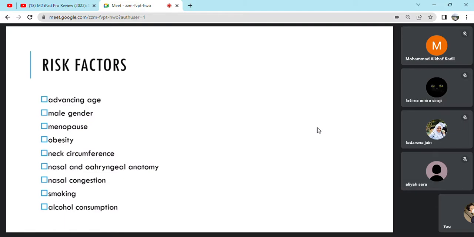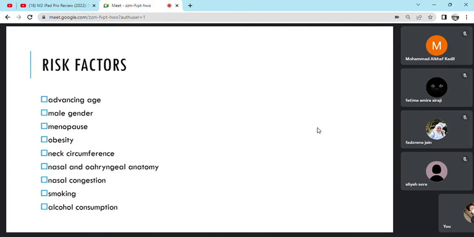Okay? Again, is menopause. Why is menopause related to the development of OSA? Well, it has something to do with hormones. Your estrogen and progesterone, usually these hormones help increase the tonicity. They cause the muscles to become toned, and will prevent airway collapse. However, as a woman goes into menopause, definitely the levels of estrogen and progesterone will also decrease.